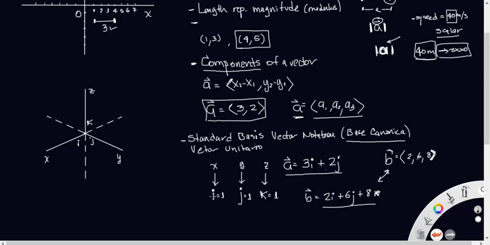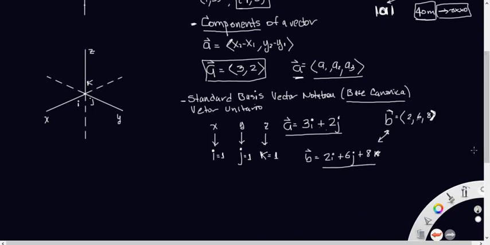And remember, please, always I equals 1, J equals 1, and K equals 1. So it's 2 times I, 6 times J, 8 times K. And this is the way that we can calculate or represent the vectors. Okay, so let's move to our next topic, and let's do some vector representation in this three-dimensional coordinate system.